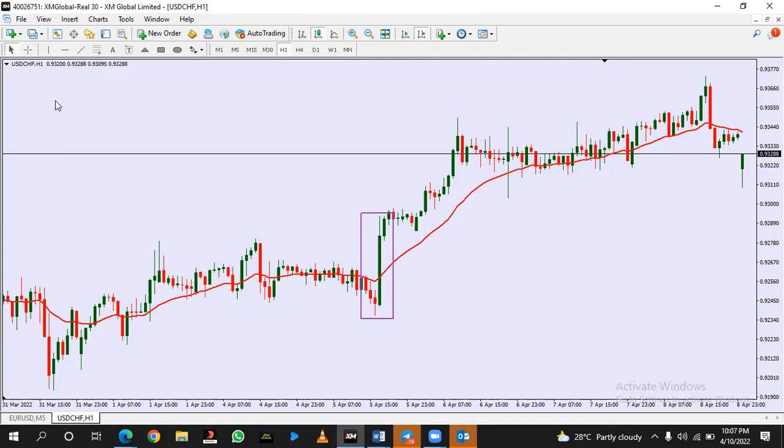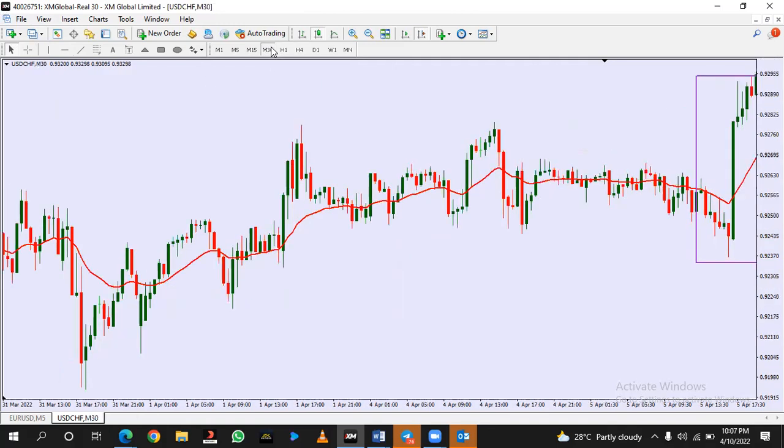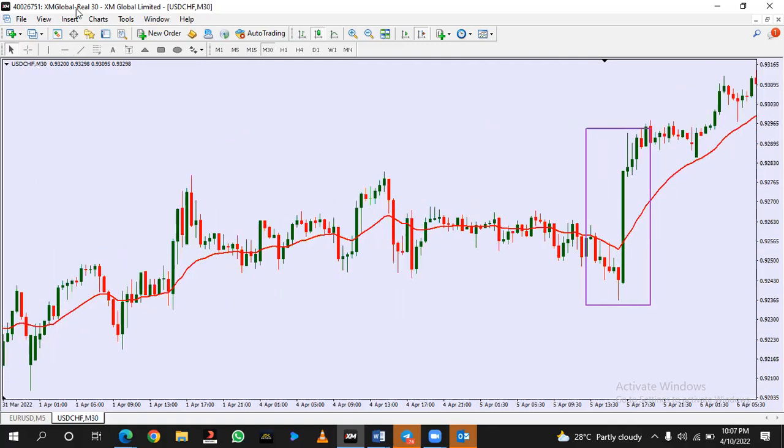Yes. Good. Now, if we go down to 30 minutes, are you seeing that there's another block here in this imbalance? Now, I want to refine this other block.